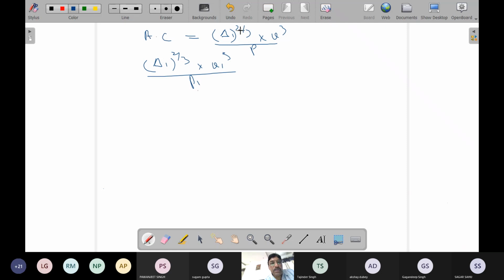Since admiralty is a constant, this will be equal to delta 2 to the power 2 by 3 into V2 cube divided by P2. This is the relationship as per admiralty coefficient, and then we have derived the relationship for fuel coefficient.